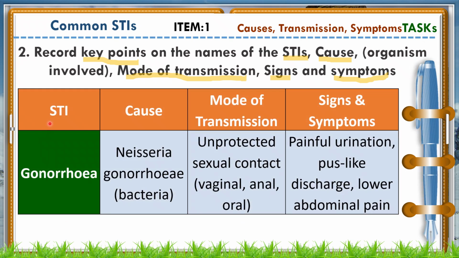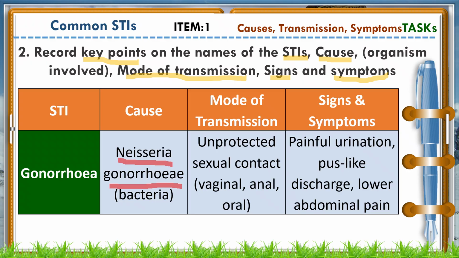We have the STI, their causes, the mode of transmission, and the signs and symptoms. The first one is gonorrhea. The causative organism is Neisseria gonorrhoeae, and it is a bacteria.